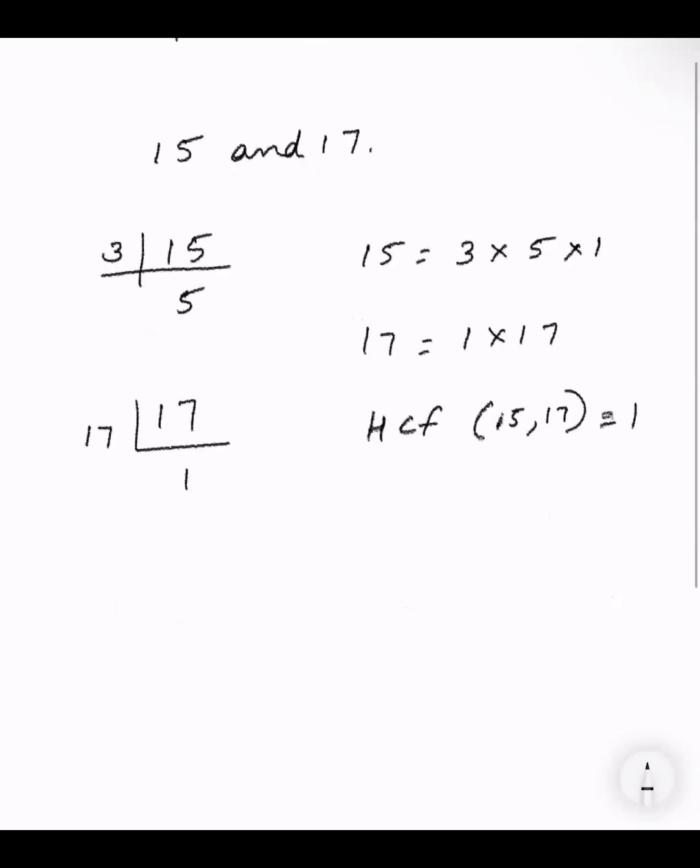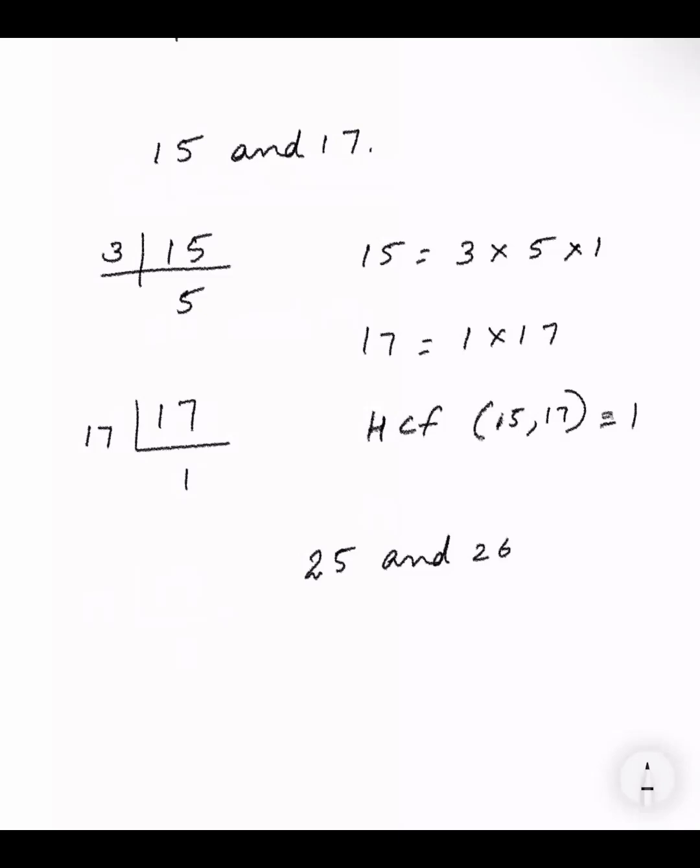So any two consecutive numbers like 25 and 26, or say 35 and 36, or say 6 and 7, all these are coprime numbers. Also, take two prime numbers, say 5 and 7.